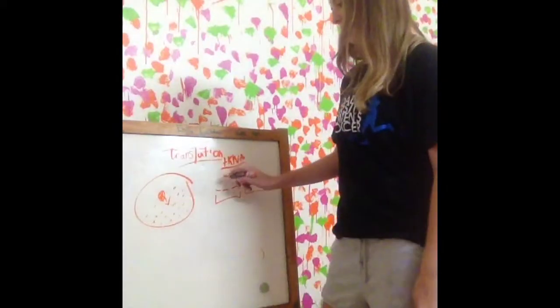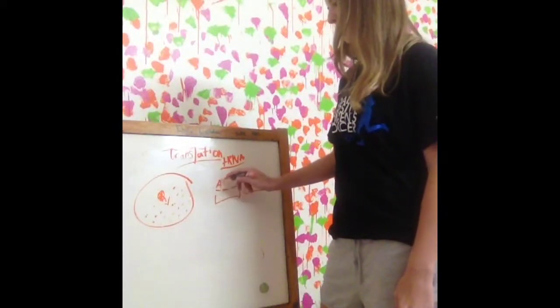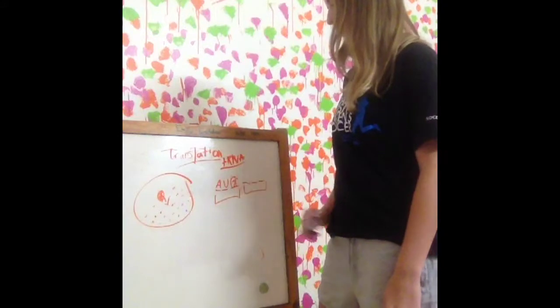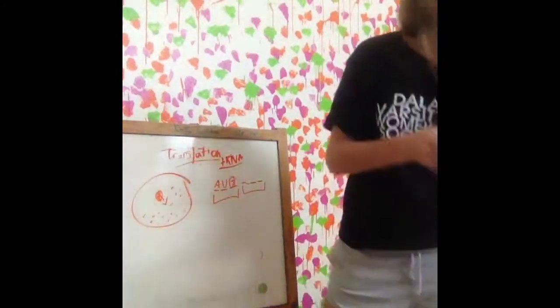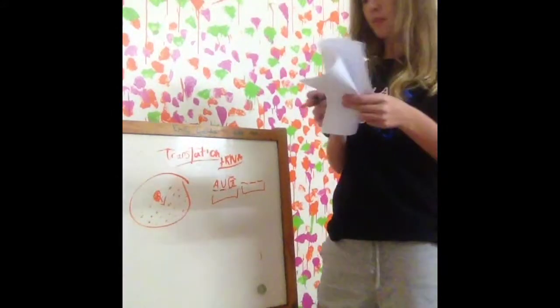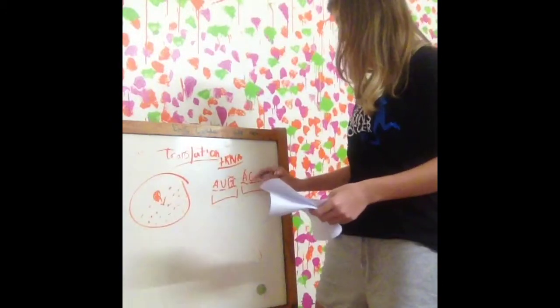So let's say, well, I know AUG, which is the starting codon, which I'll talk about in a second. Say ACU.